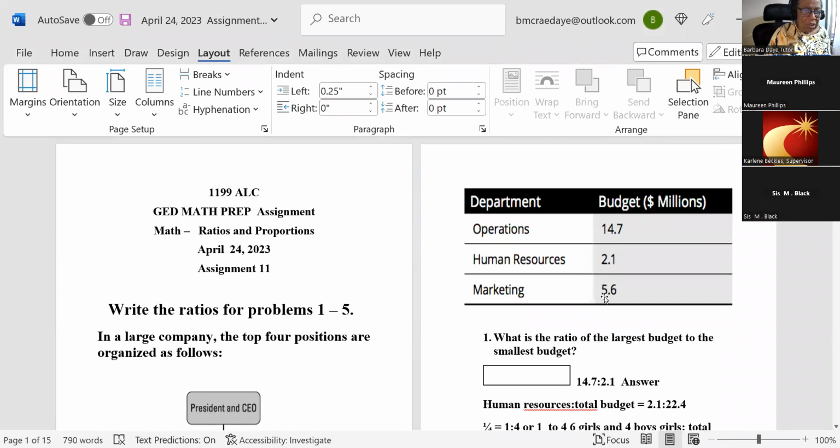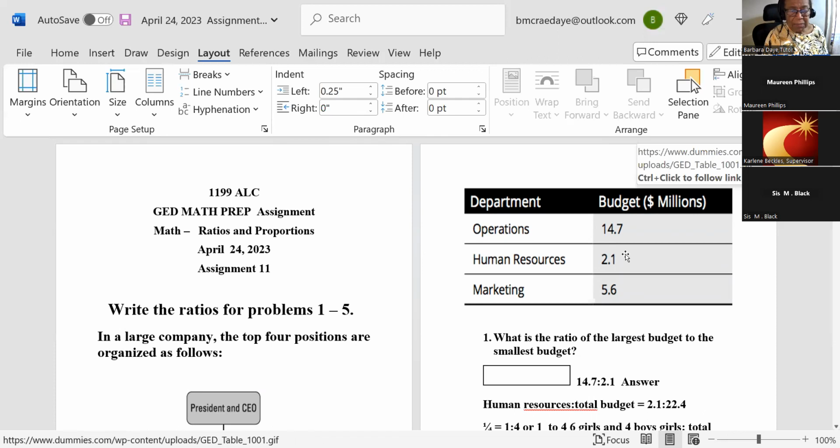All you had to do was look at the table and take the 14.7, and then the 2.1 is the smallest. There's your answer. What I did was wrong. I took the biggest and the smallest and added them together. Why would you add them? I thought I was to do some work with it. No, it says ratio of the largest to the smallest. Just look at the table and pick it out.